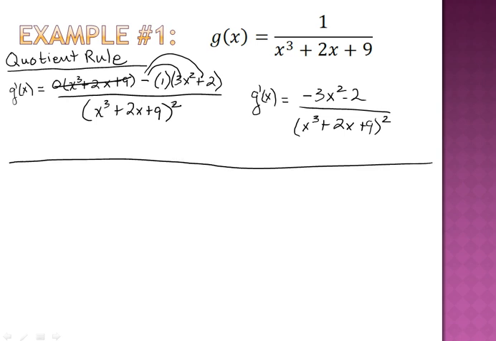Now, let's rewrite it so that we can apply our chain rule. As long as I bring the denominator up as a unit and not as individual pieces, I can put everything to the negative 1 power. And what's inside is just my polynomial.